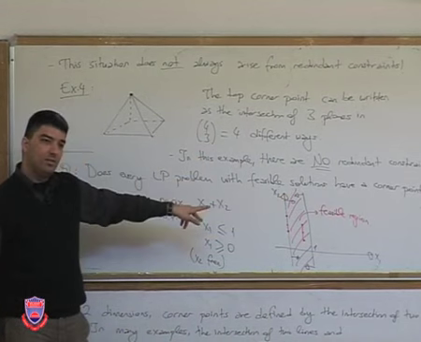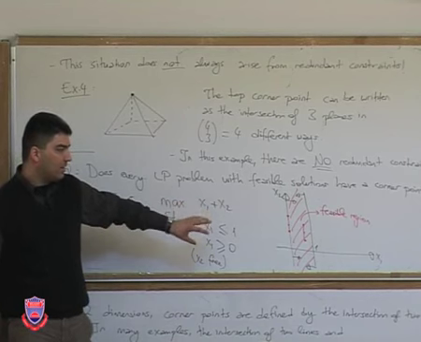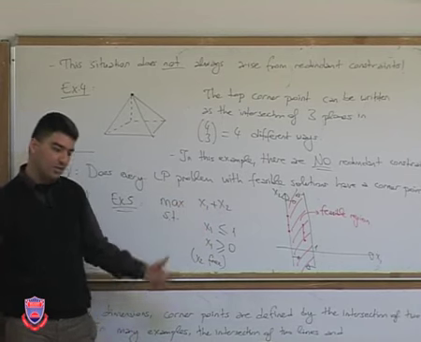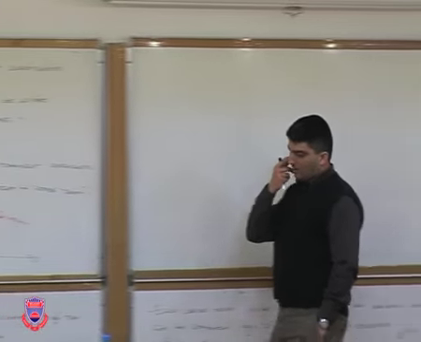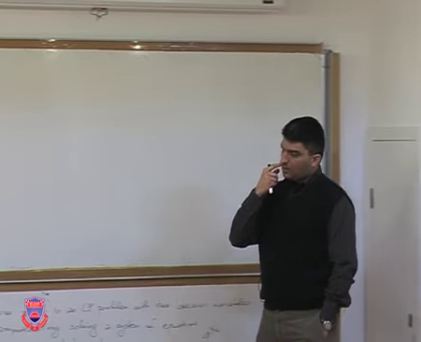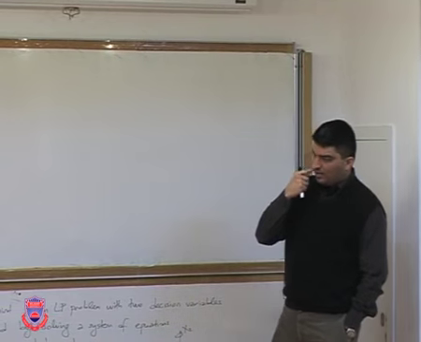What's the difference between these two? What makes one have a corner point and the other not? What's the main difference between them? The first one is bounded, the second one is unbounded.